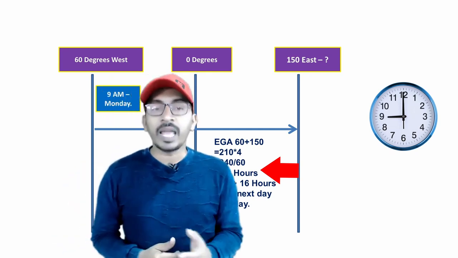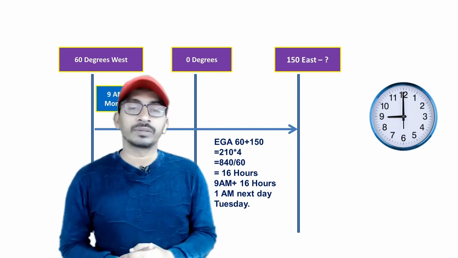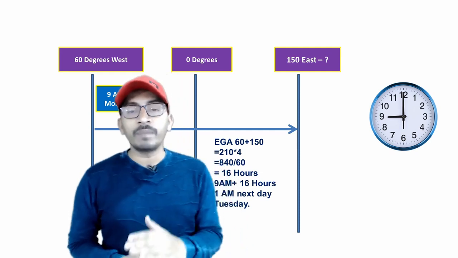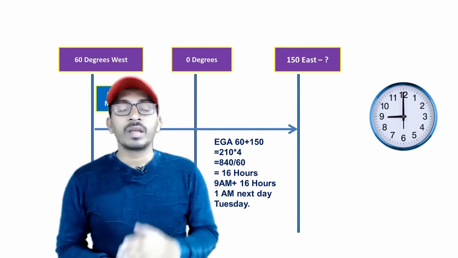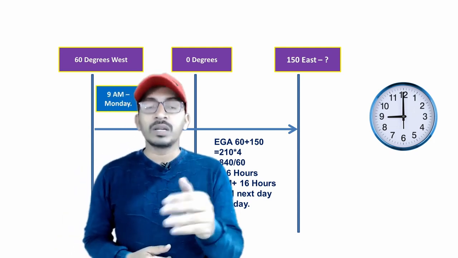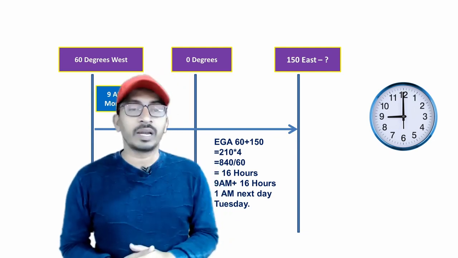For 9 a.m. on Monday, we have to add the hours. When we add 12 hours, 9 a.m. to 9 p.m., same day, Monday. Once we add more hours beyond that, the day will change. This is based on total addition of hours, not on the international dateline.